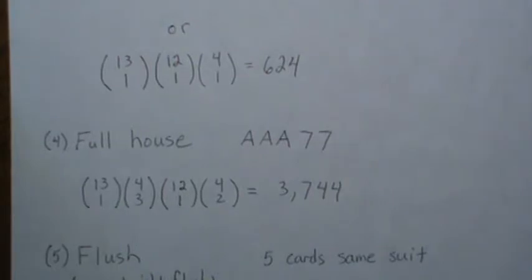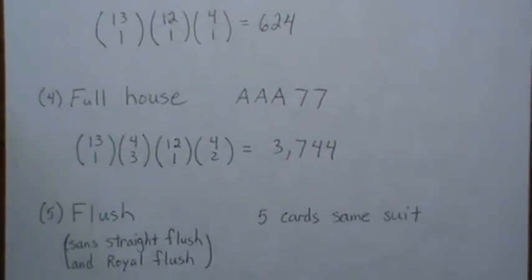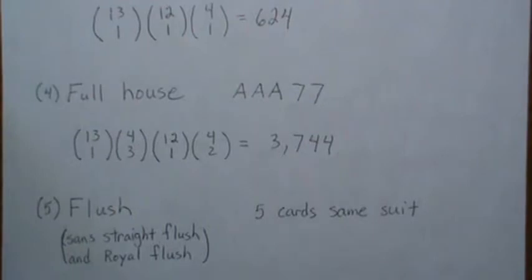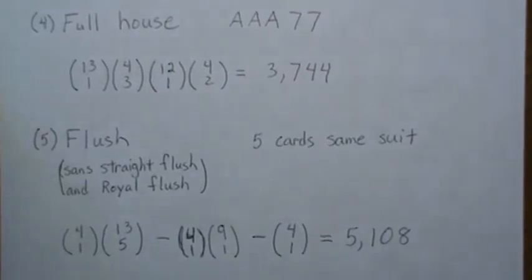A flush is 5 cards of the same suit, sans a straight flush and royal flush. Sans means except. So we want a flush, sans a straight flush and royal flush. We can't count those in our flush, because if it's a royal flush, then it's the best hand in poker. So this is the way I think about it, and then I'll show you the way that a lot of the books have it.